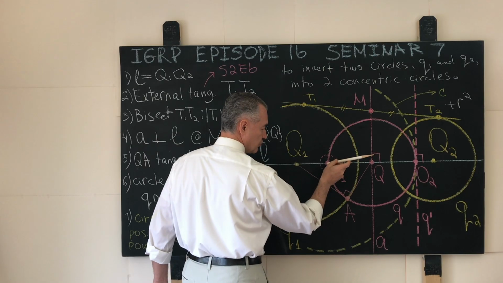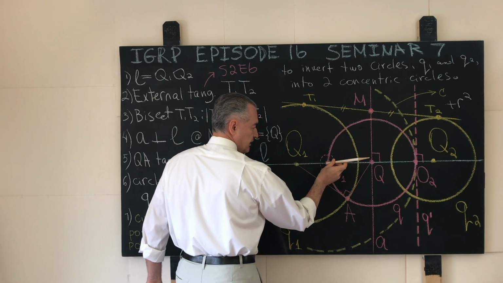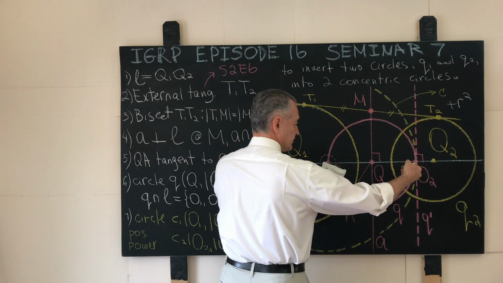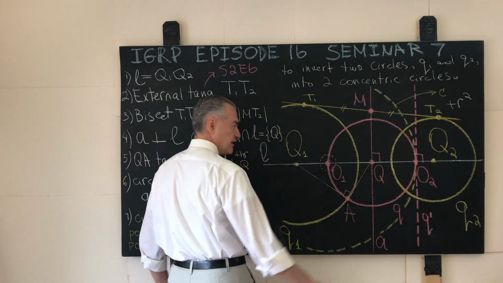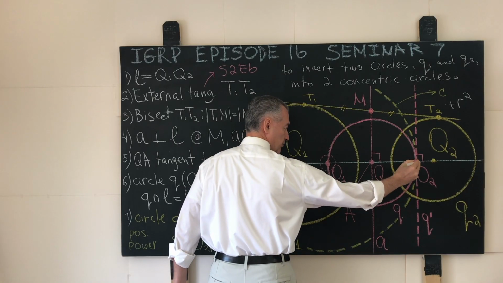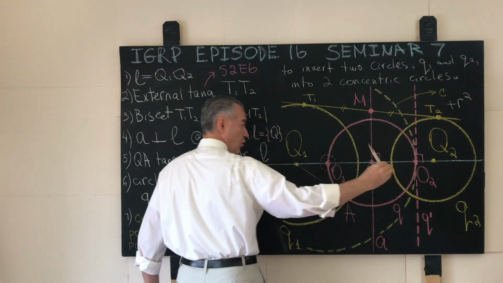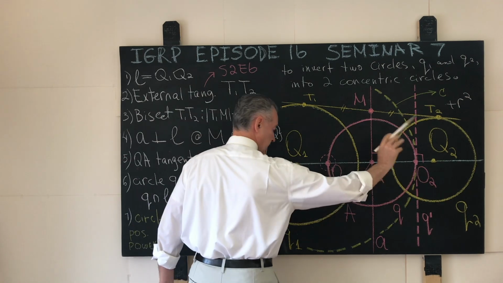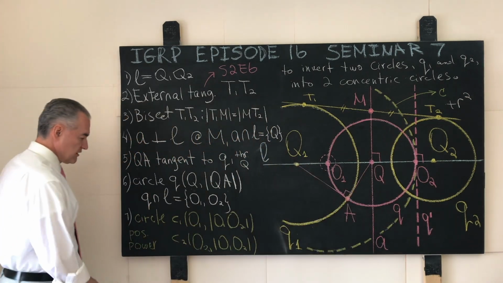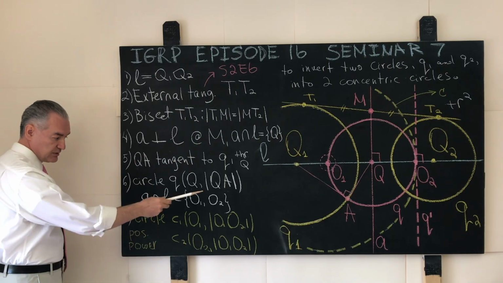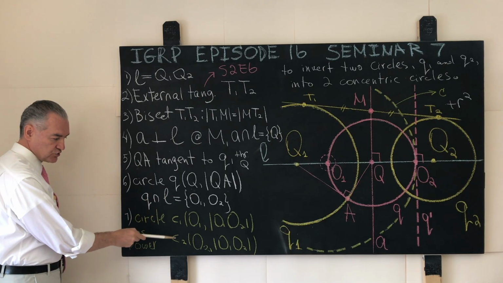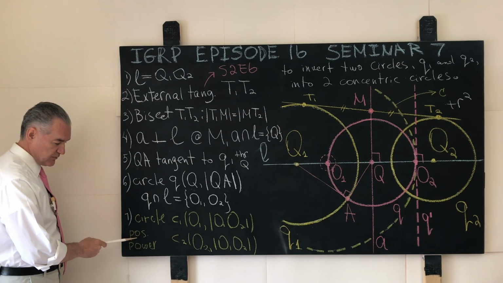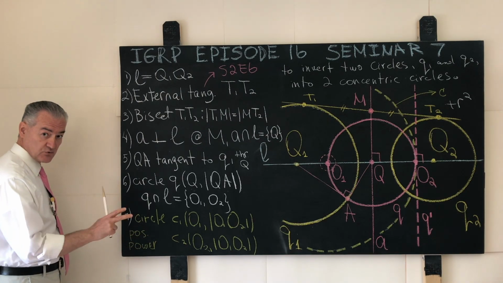In the first case, we put the needle of the compass in the point O1, open up the compass to the distance O1, O2, and snap a circle. In the second case, we put the needle of the compass into the point O2, open that compass to cover the distance O2, O1, and snap a circle. And then the inversion of the parent plane with respect to either circle thus defined with positive power. Remember, we have a choice for positive or negative power.